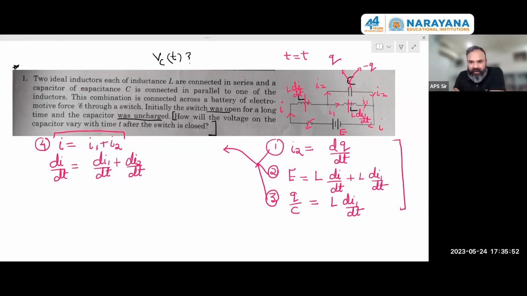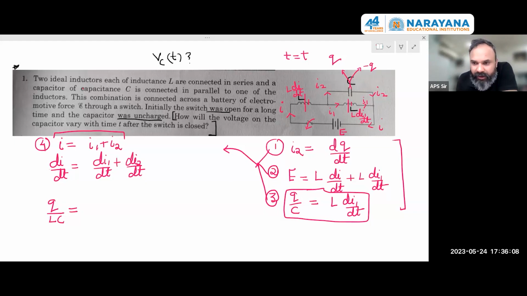So now let's see, what can you write with the help of these four equations? Let me just focus on this last equation. Let's see what I'm going to write. I'm going to say Q by LC is equal to di1 by dt.